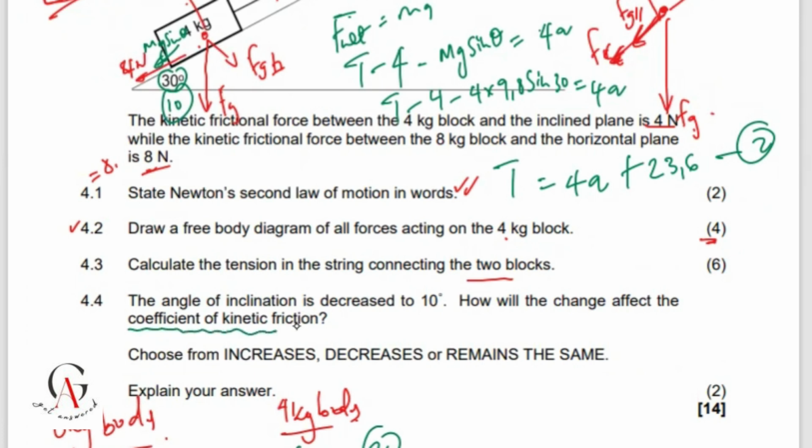If there is ever a change within the inclination, it's only the frictional force that will be affected and not the coefficient. Okay, it's only the normal force that will be affected, but not the coefficient. So we're going to say that it remains the same.